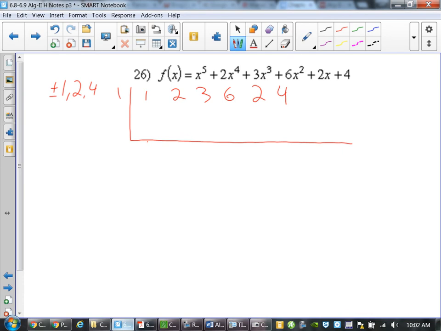Nope. Grouping only works with 4 terms. That's what I started to do, so that's why I messed up. I'm being told try -2.